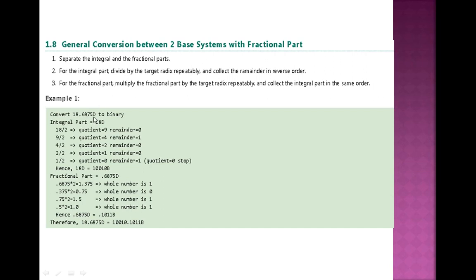So now let's see decimal to binary. First of all, the integer part is 18 and the fractional part is 0.6875. This is 18D. Now divide by 2, because it is converted into binary. 18 by 2, quotient 9, remainder 0. 9 by 2, quotient 4, remainder 1. 4 by 2, quotient 2, remainder 0. 2 by 2, quotient 1, remainder 0. 1 by 2, quotient 0, remainder 1.